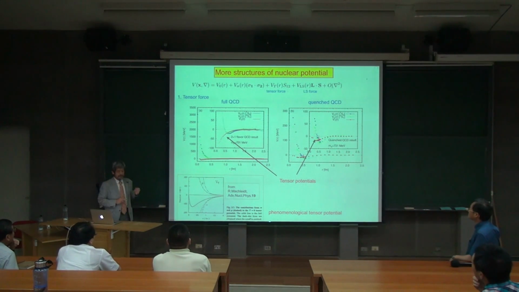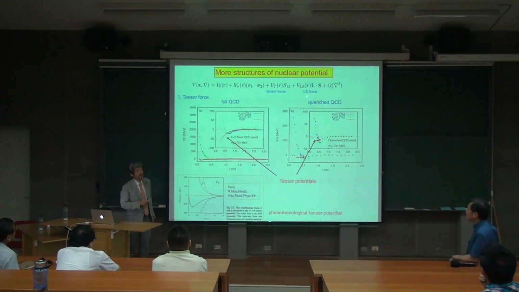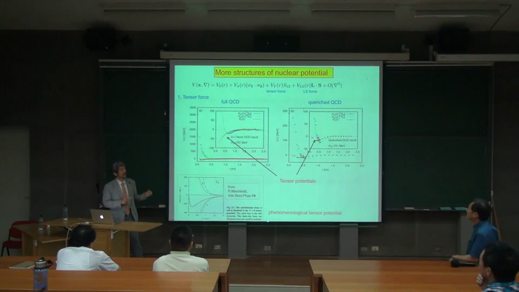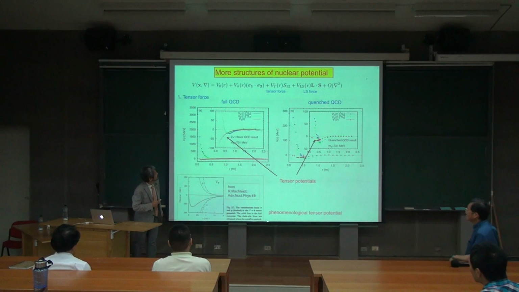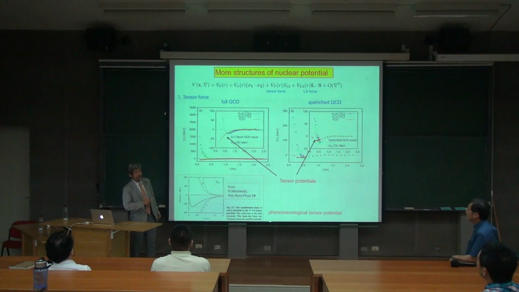For the spin singlet case, there is only one leading potential. But in the spin triplet case, we have two structures. One is the so-called central potential, and the other is the so-called tensor potential. And we can also calculate the tensor potential. This blue is the spin singlet central potential, green is the spin triplet central potential, and red is the tensor force.